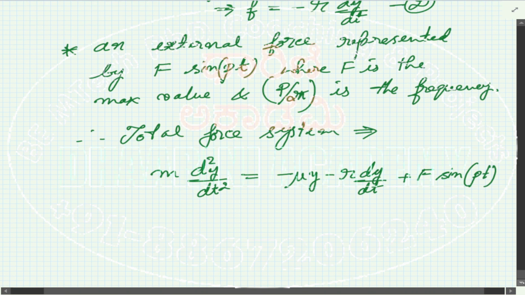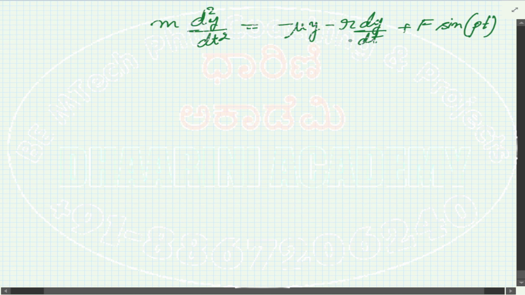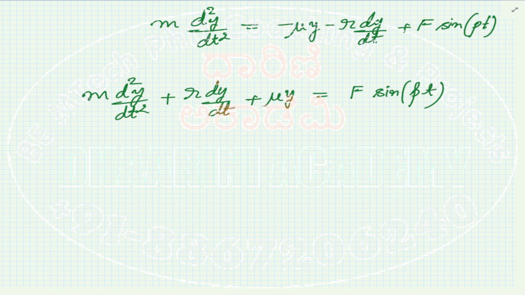Now let's take the components with y to the other side. The equation becomes m d square y by dt square plus r times dy by dt plus mu into y equals F into sine pt. F sine pt has no y component, so we keep it on the other side, because it is a function of t, and y is also a function of t.